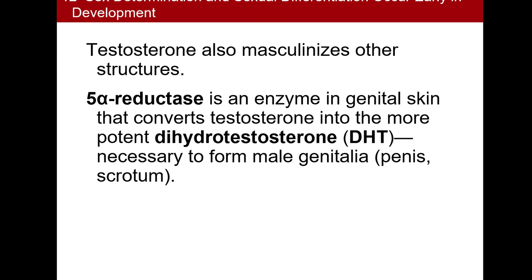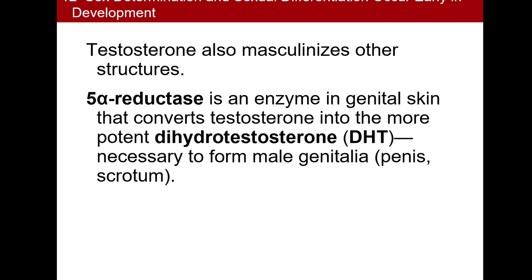Now, in a male, testosterone is important for the Wolffian system developing, but it's also important for the external male genitalia to develop. But what needs to happen here is we need a more potent form of testosterone. So you already have testosterone in your system if you have testes, but then 5-alpha reductase is an enzyme that takes that testosterone and makes it into a more potent form, dihydrotestosterone, DHT here.